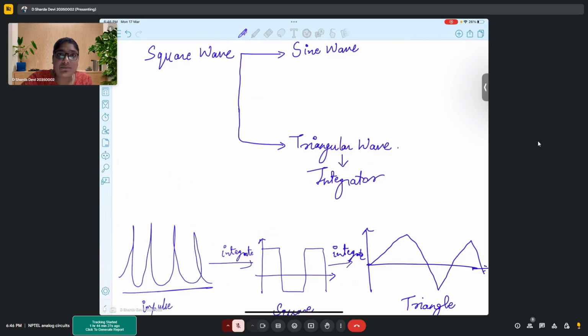You can compare. Comparator and Schmitt trigger are more or less the same. Any other thing that comes to your mind, any other way? Other than comparators, Schmitt triggers, any other possible method that comes to your mind?